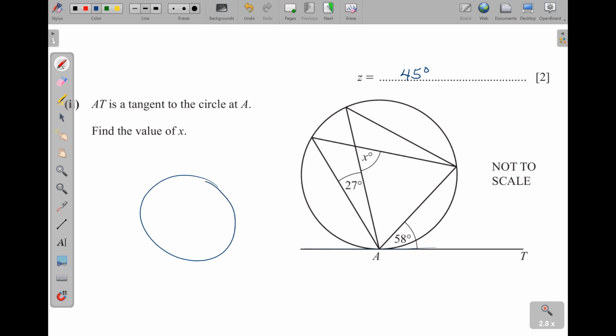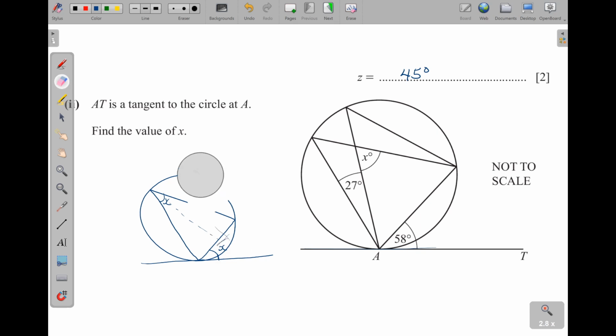I have a circle, then there is a tangent, then there is a triangle formed. And the angle between this tangent and this chord here will always be equal to this other angle which is opposite to this segment here. It will always be equal.